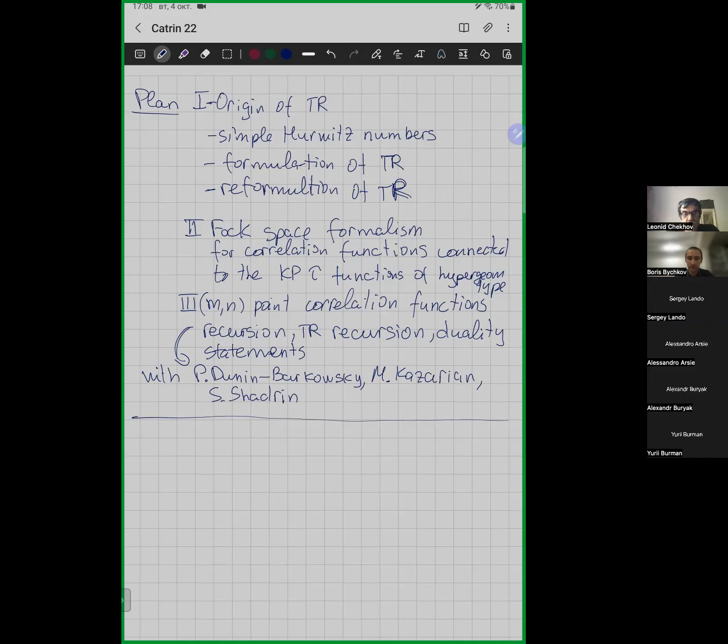Today, let me start with some historical observations. So what is topological recursion?